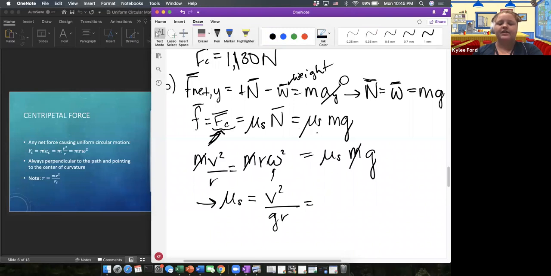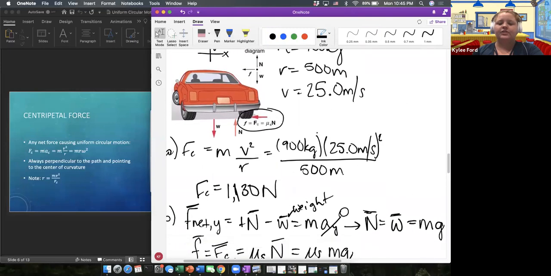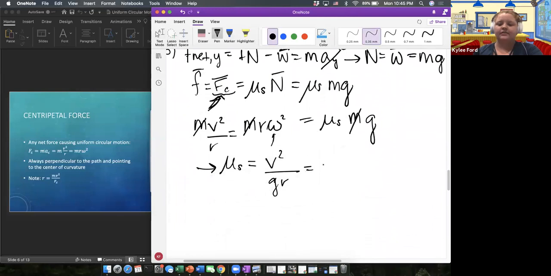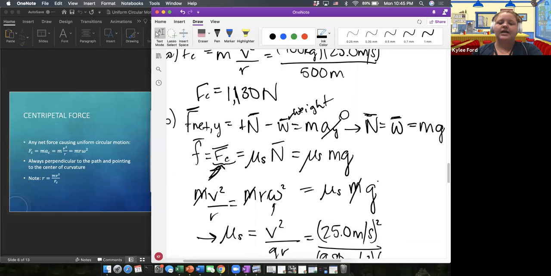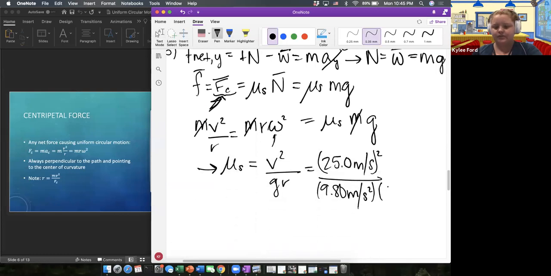So my v was given to me as 25 meters per second. Square that. G is of course 9.8 meters per second squared. My radius was given to me as 500 meters.